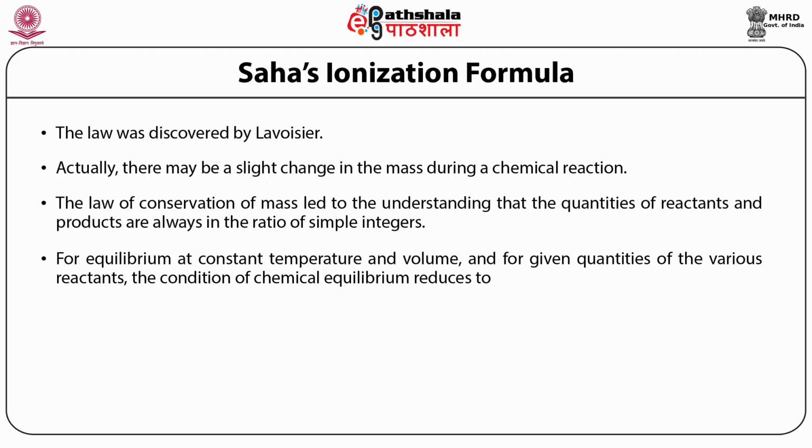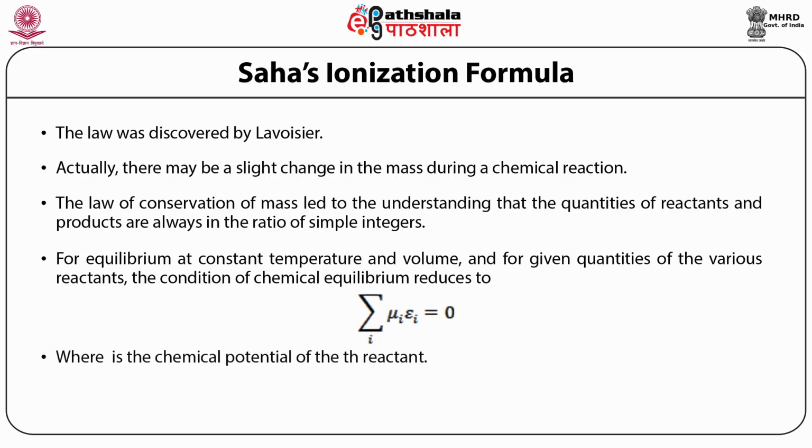For equilibrium at constant temperature and volume, and for given quantities of the various reactants, the condition of chemical equilibrium reduces to summation over i of mu_i times a_i equal to 0, where mu_i is the chemical potential of the reactant. Now, what is a chemical reaction and the chemical potential?